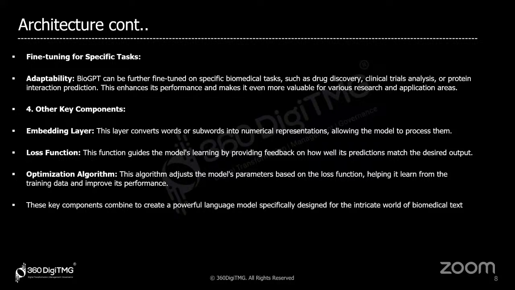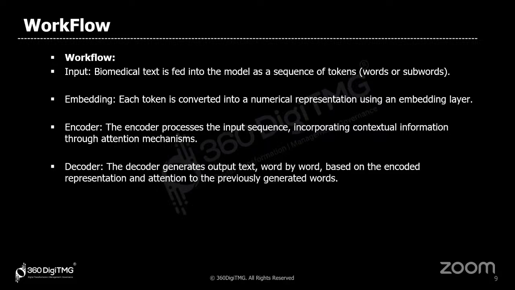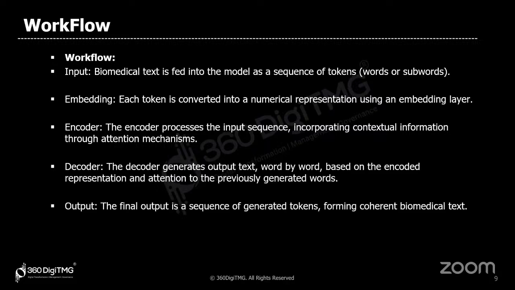They can also save time by not building a new model. So this can help in transfer learning. Other key components are the embedding layer, loss functions, and optimization algorithms. The workflow is: input embeddings, encoder layers, decoder layers, and then the output layers.